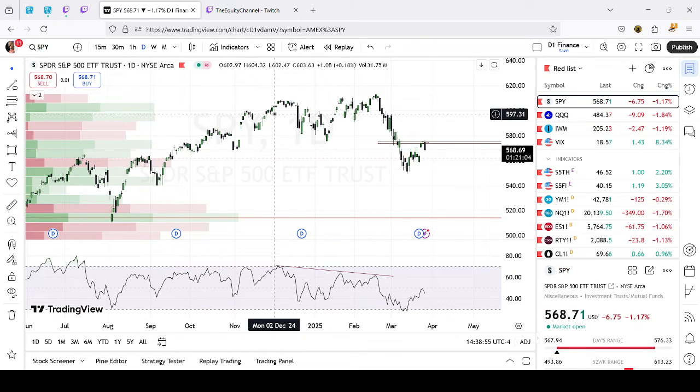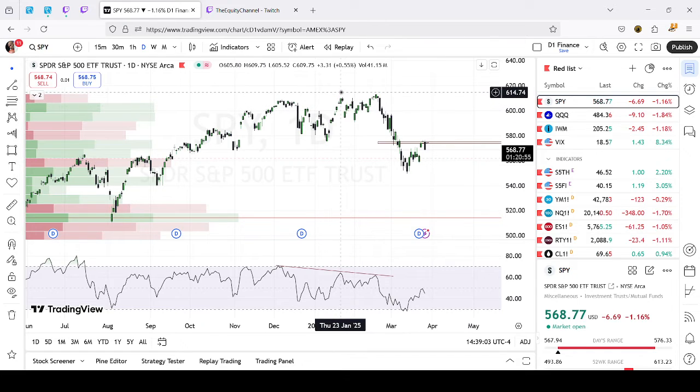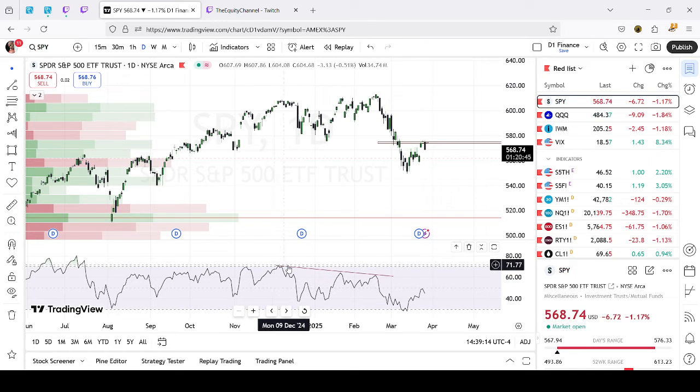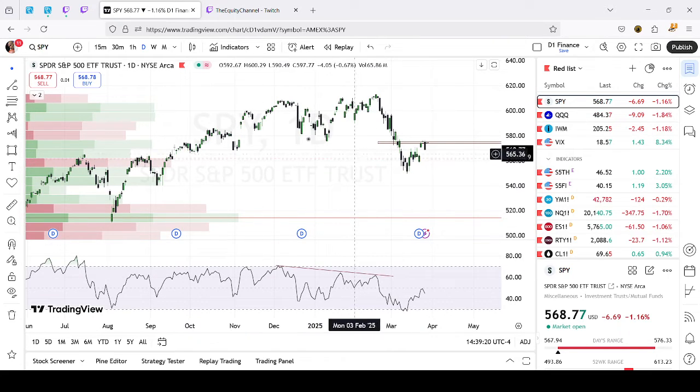We set the highest point on the RSI here in December. Now, in January and February, we set new highs in the market, but look at what was happening to the RSI. We had new highs coming in here, but we had lower highs for the RSI. So above the value area high, we were getting a divergence.